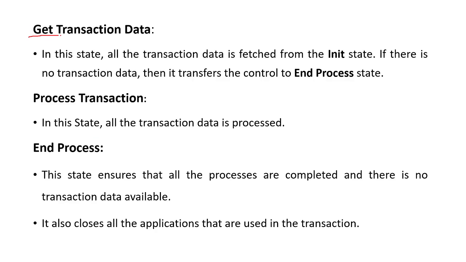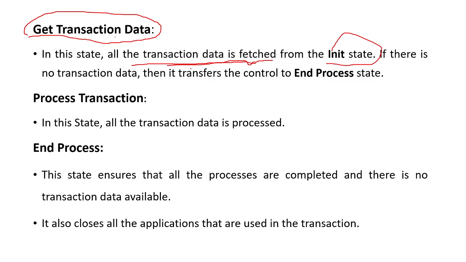And the next state is get transaction data. Once again, it's straightforward. This state is responsible for getting the transaction data. Remember, this state will work after init state, or this is what the author is telling here. All the transaction data is fetched from the init state.